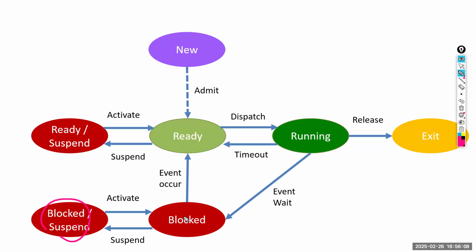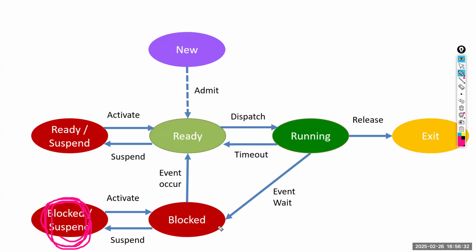But there's another possibility. Assume you are in block suspend. While the program was waiting for user interaction, the OS put you into the virtual memory because of the memory limitation. Still, the memory issue is there, so the OS cannot take it back to the physical RAM.